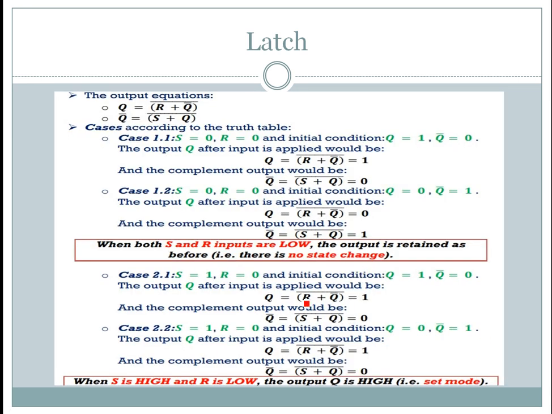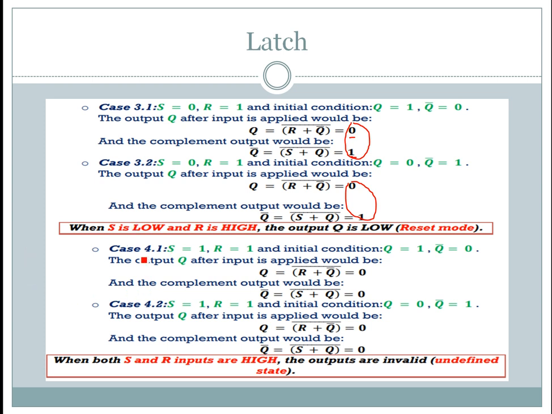The last combination of the input is when S equal to 1 and R equal to 1, both high. Consider the initial condition Q 1 and Q bar 0. Now Q equal to R plus Q bar whole bar.